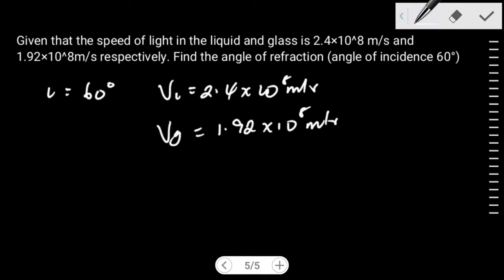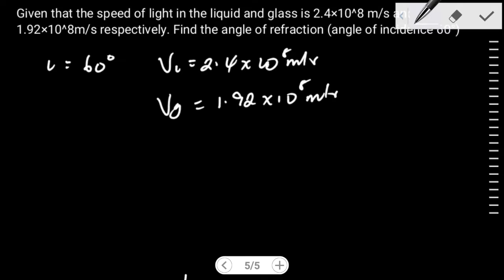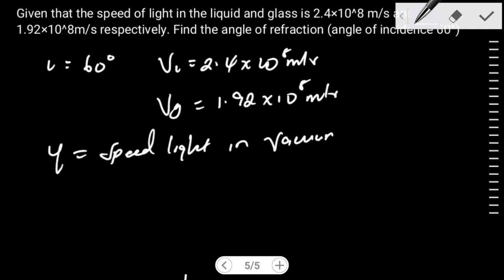Now having obtained those, a formula that we are most likely to use: we know that the refractive index of a material is given by the speed of light in vacuum or air all over the speed of light in the material medium.